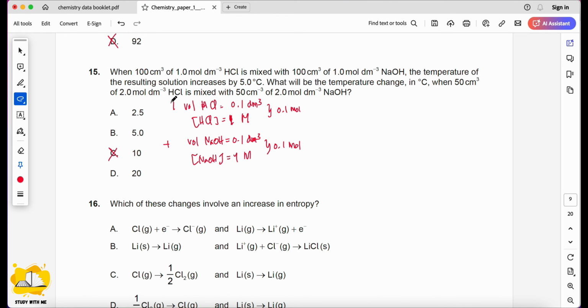And for the second scenario, the volume of HCl is 0.05 decimeter cube, and the concentration of HCl is 2 molar, and the volume of NaOH is the same, which is 0.05 decimeter cube, and the concentration of NaOH is 2 molar.